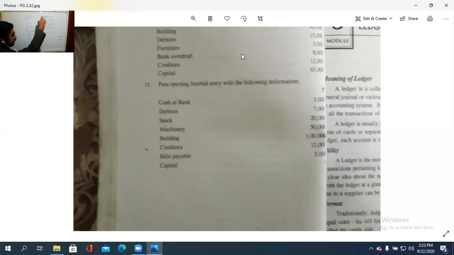See, here the assets are there, liabilities are there, but capital is not there. So we will treat the capital as the balancing figure.